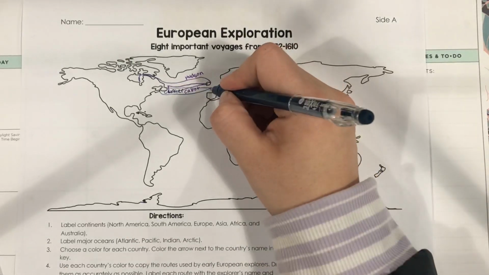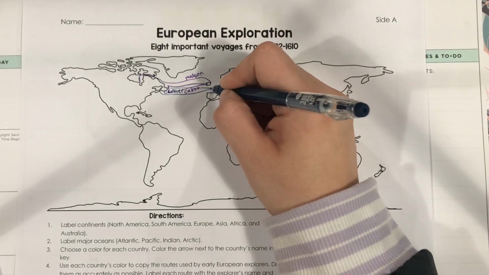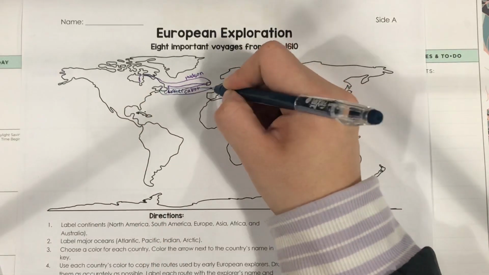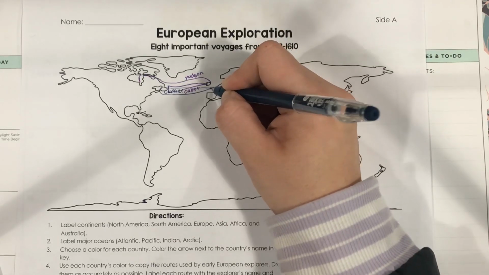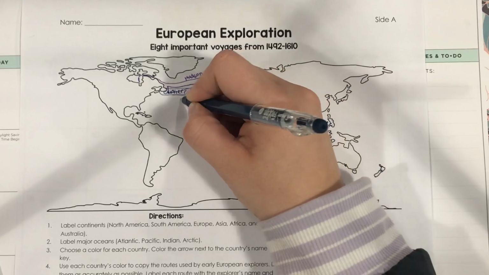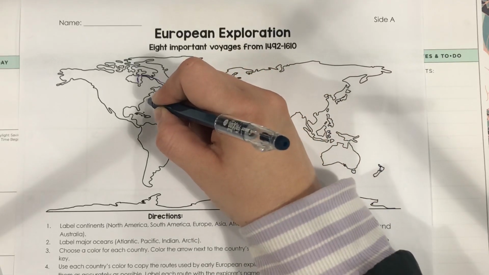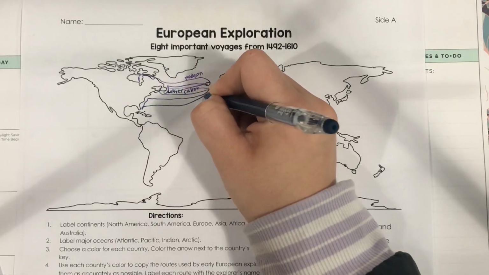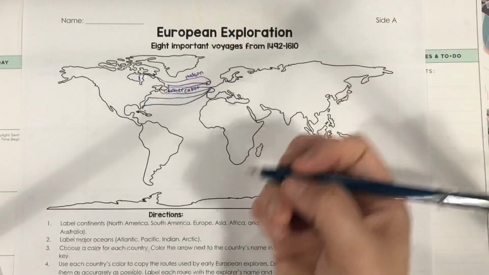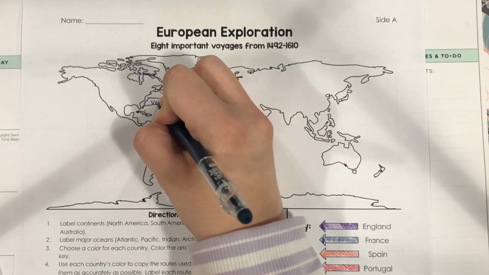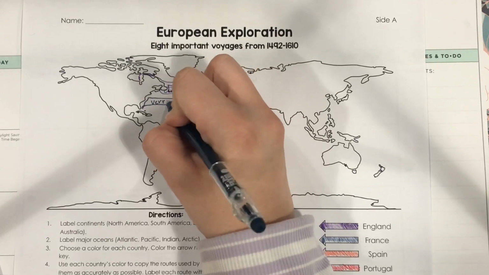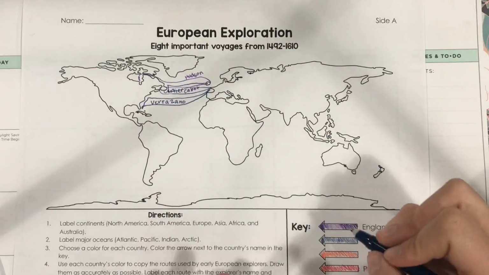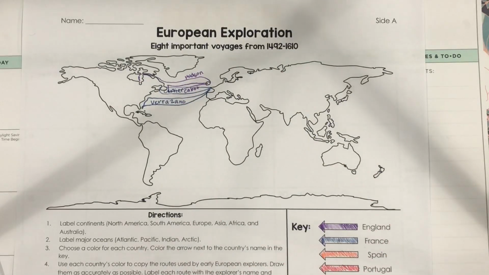And he started in the same area that Cartier did, and he really sailed across or down the coast of the U.S. So we're going to draw his, and he went down from here over this way, and then he went down here a bit, he went around, and then he went right back up again to where he started. Okay? And so his name is spelled Verrazano. Okay? And those are the two people from France.